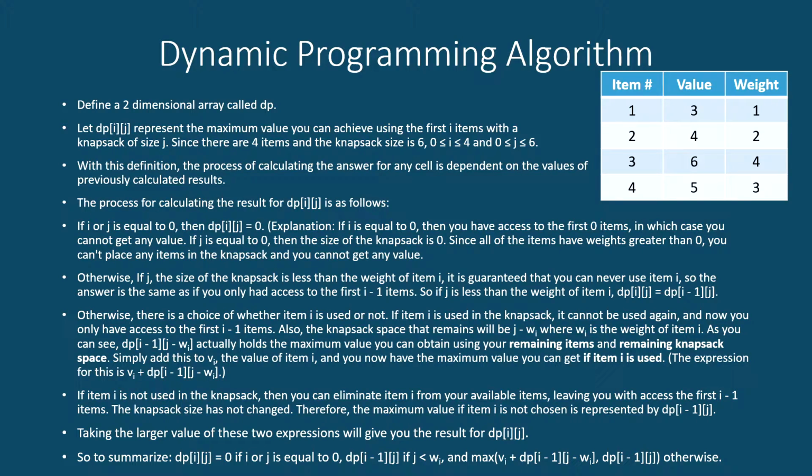To summarize, dp[i][j] is equal to 0 if i or j is equal to 0. If j is less than the weight of item i, it is equal to dp[i-1][j]. Otherwise, dp[i][j] is equal to Vi plus dp[i-1][j-wi], or dp[i-1][j], whichever one is larger.